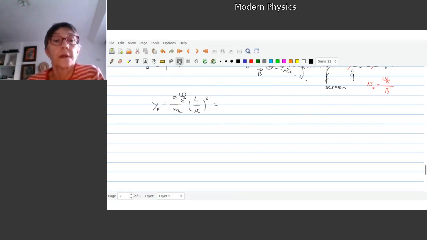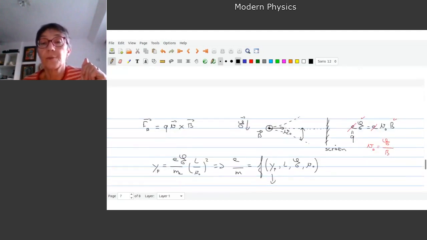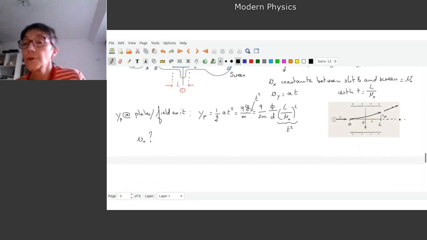And so you can put it as a function of YP, L, E, V0, okay? And so this is not really as a function of YP that you do that. You will measure this distance here, Y, okay?